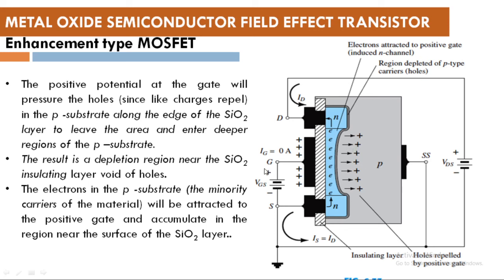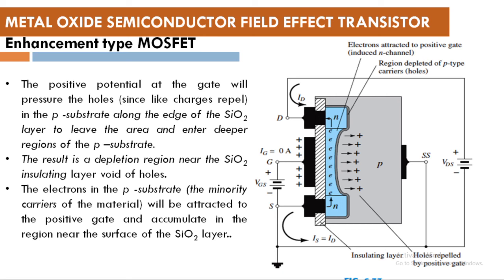So when we keep increasing VGS, there will be a time when a channel will build up joining the drain and the source. The moment the channel is built up, the potential at which the channel gets built up, we call it threshold potential.